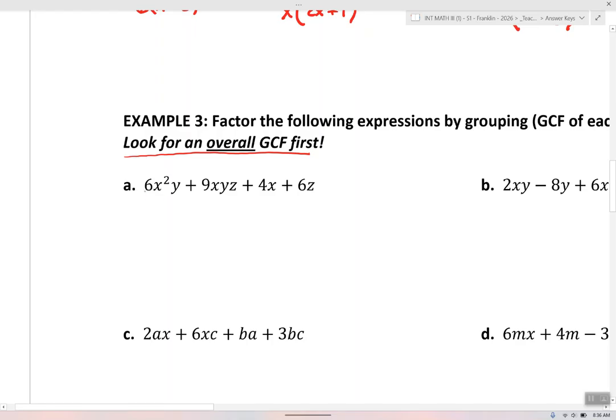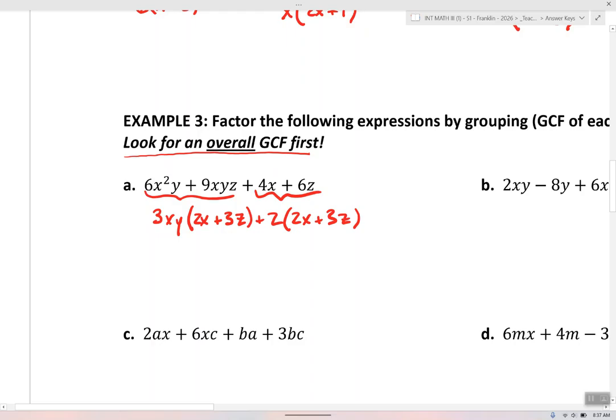So if I first want to take the GCF of the first two here, 6x squared y and 9xyz, they have a GCF of 3xy. And what's left over is 2x plus 3z. And now for our second set, we can take out a 2. So plus positive 2. And what's left over is 2x plus 3z.